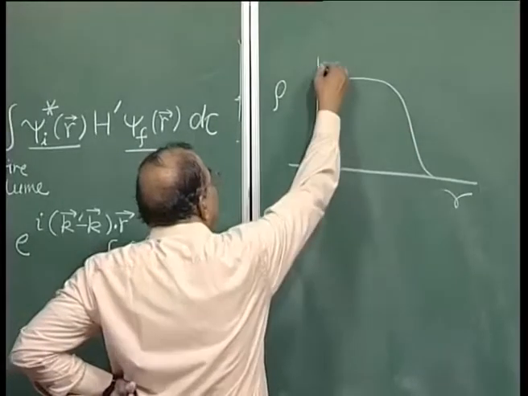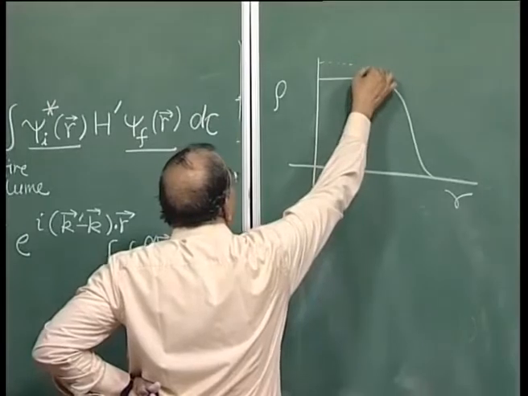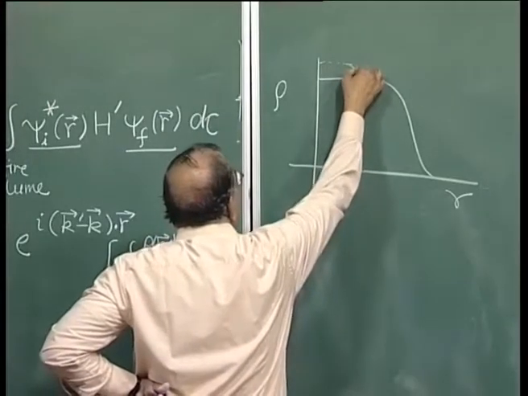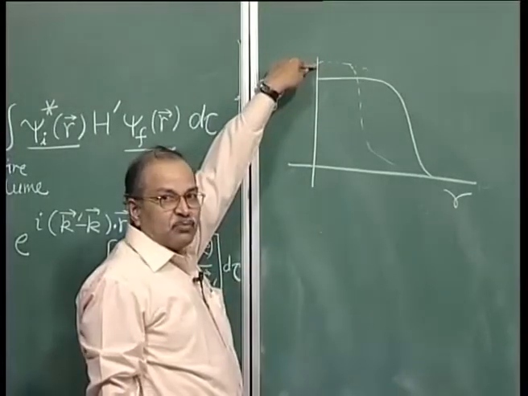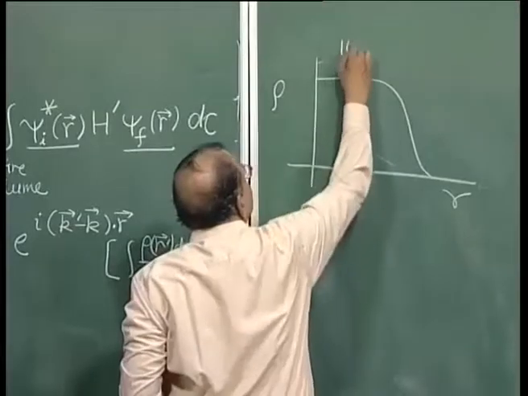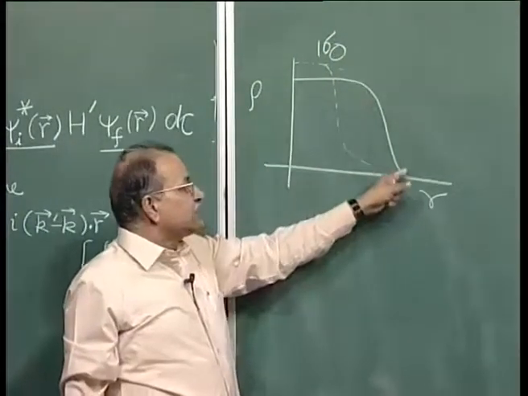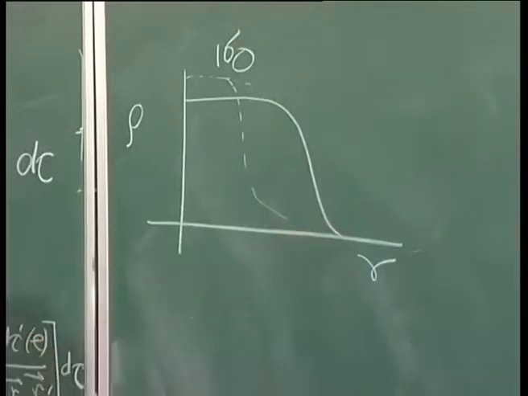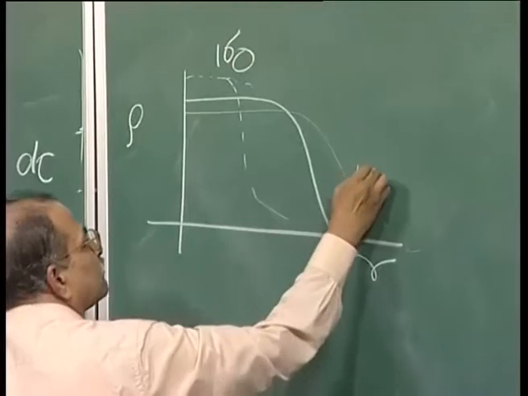For different nuclei, for oxygen or a lighter nucleus, you saw the graph is something like this. So, at the center the charge density was more for the lighter nucleus. This was for oxygen 16, and this could be, let us say, tin 118, and then gold was like this.